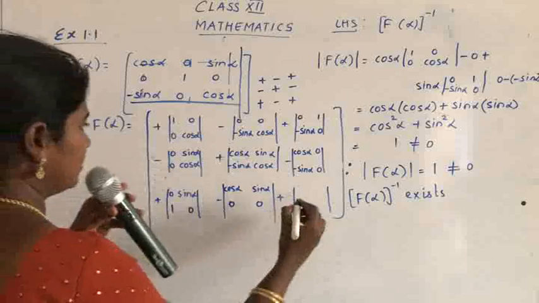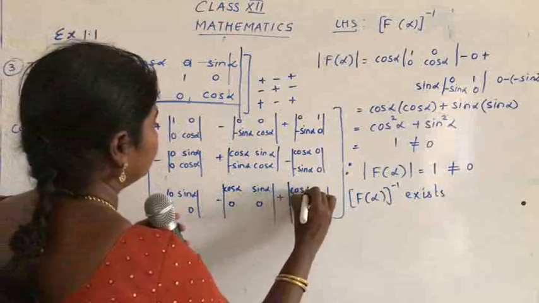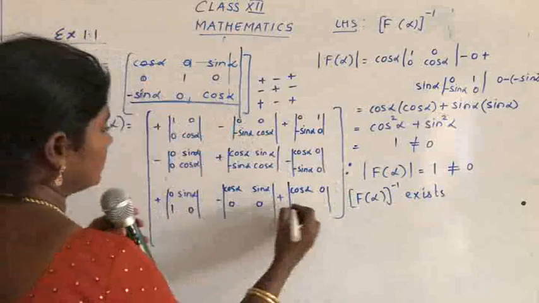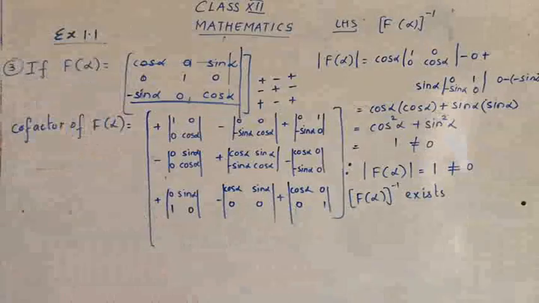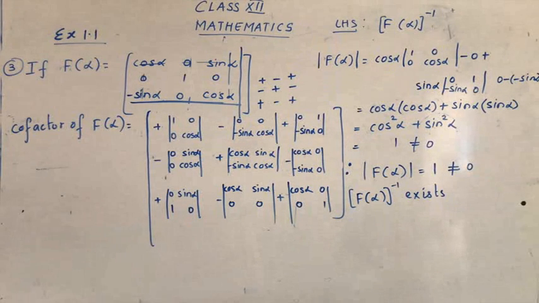So now what is left? Cos alpha, 0, 0, 1. Check whether you have entered all the entries properly. Have a recheck before you complete the sum, so that our sum doesn't go wrong.